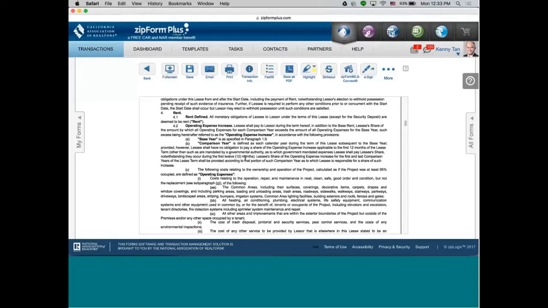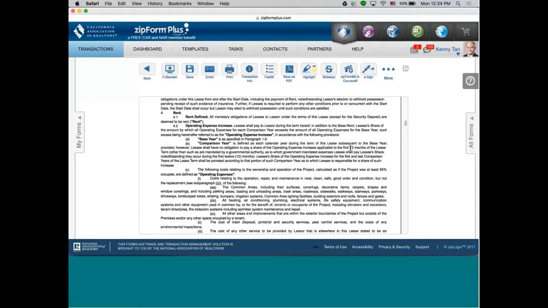basically, you will not have to pay for any increase in operating expense in the first 12 months of the lease. It says here, lessee shall have no obligation to pay a share of the operating expense increase applicable to the first 12 months of the lease. However, it has an exception.